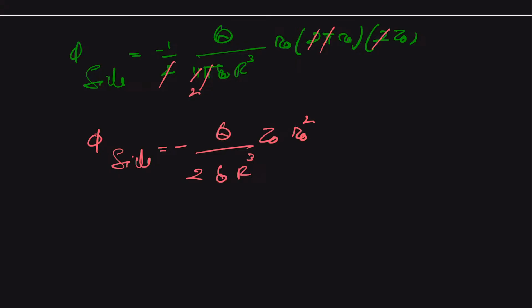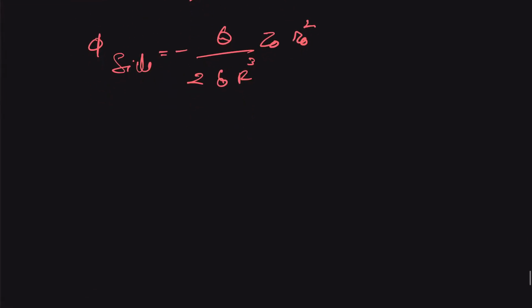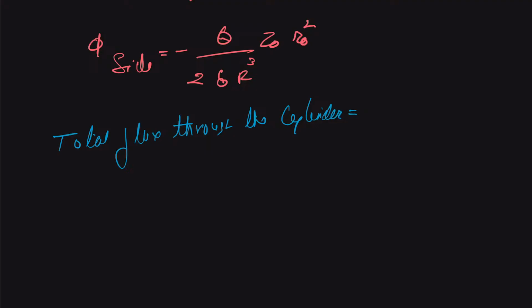And now we come to our total flux through the cylinder, and let us call this phi t, will be equal to flux because of the flat surface plus flux because of the side.